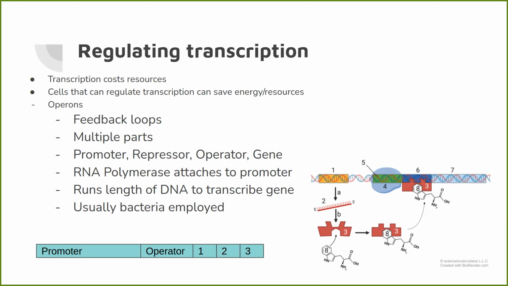Pictured on the bottom left, the blue bar is a simple diagram of the regions within an operon, which we'll look at in more detail later on. An operon in action is in the bottom right. Notice the different proteins attached to the DNA, as well as the chemical structure that's interacting with the red block over there.